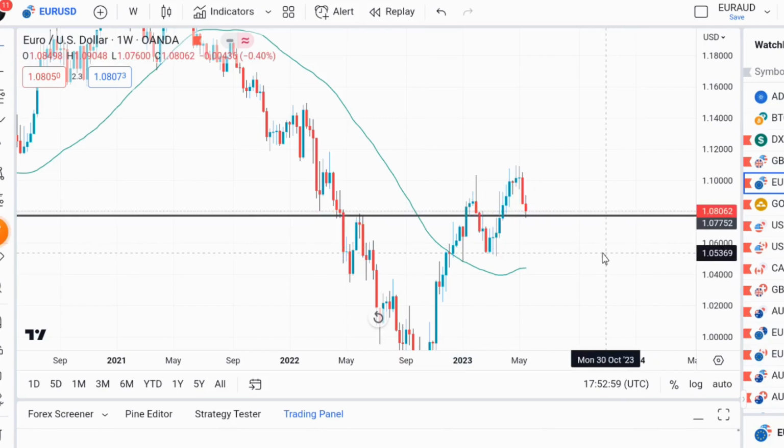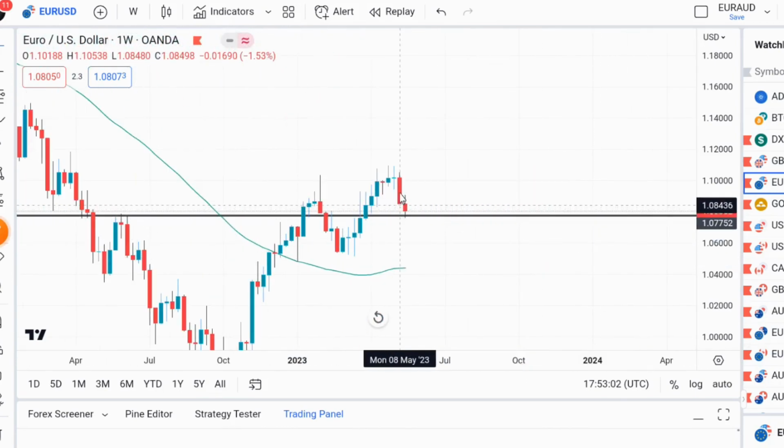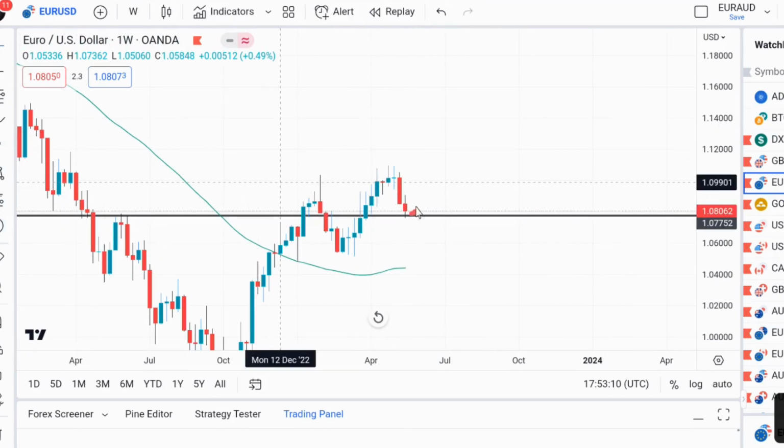It also looks like a doji. So right here too, we might actually see a bullish reversal at this particular area to the upside. So let's go to the daily time frame.